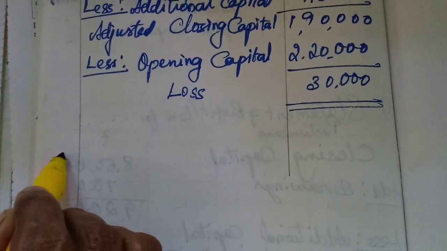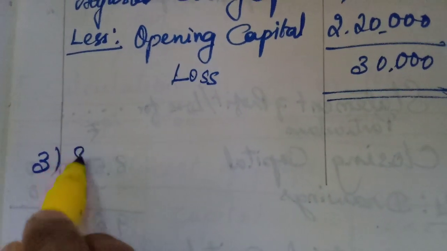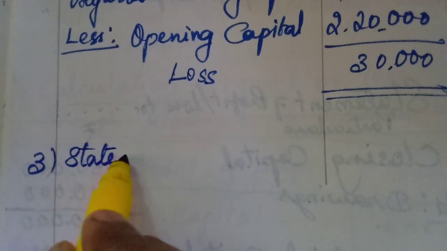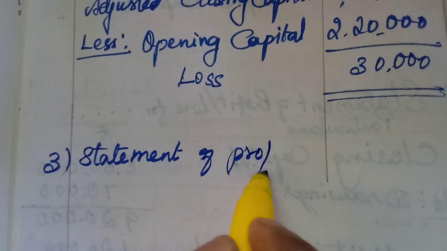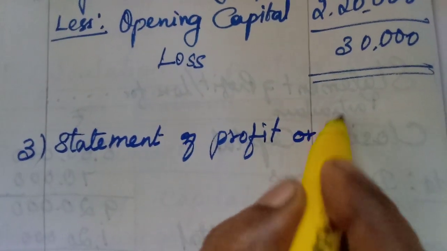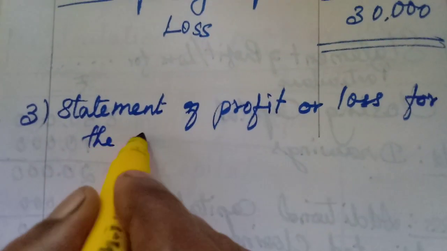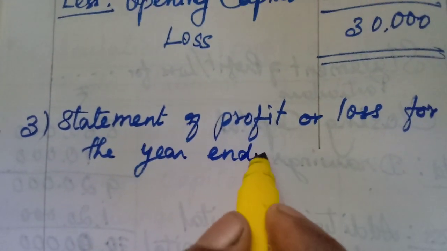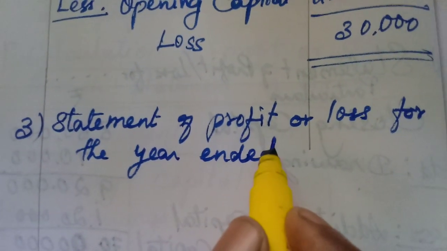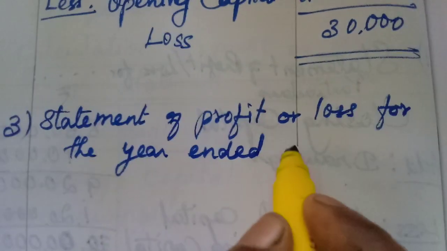Third one. You write the number 3. Then write the heading as statement of profit or loss for the year ended 31st March 2019.